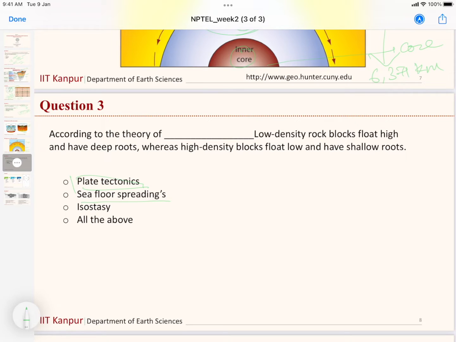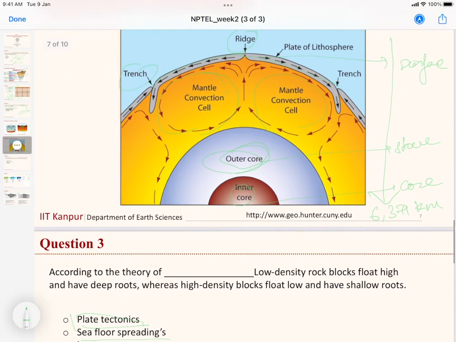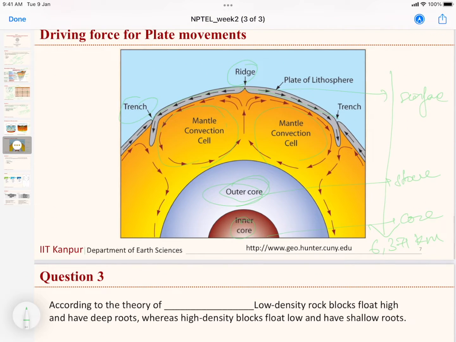And the second option that we have for this question is seafloor spreading. So seafloor spreading, if I would have to explain, here you can see when these convection cells are diverging, since the force makes the plates diverge, definitely the plates will diverge from here. So that would be the boundary of the divergence. At this divergence, the landform we receive is the ridges, and due to these ridges we also call it seafloor spreading.